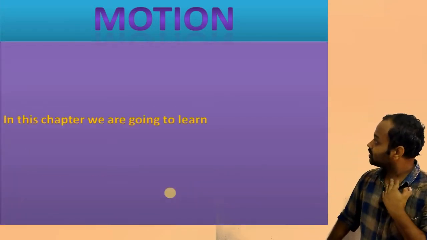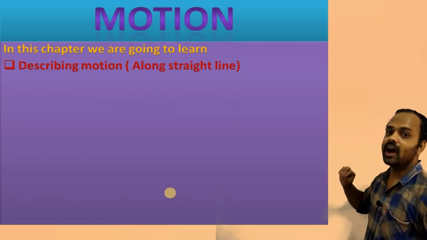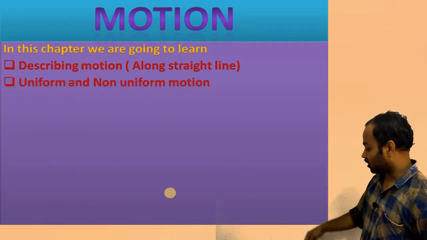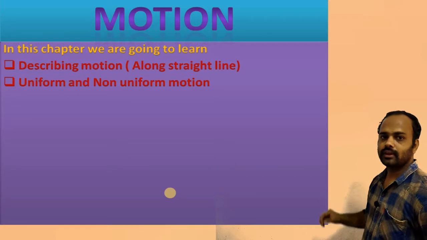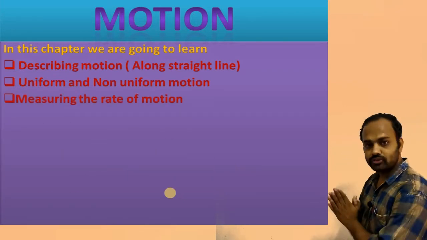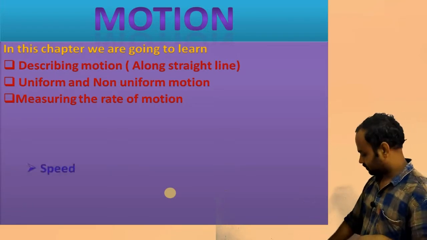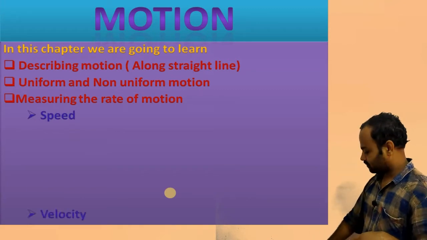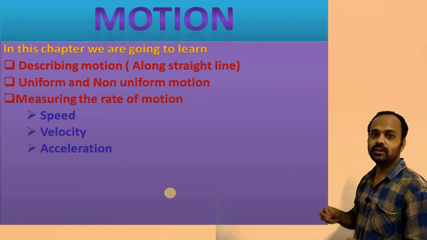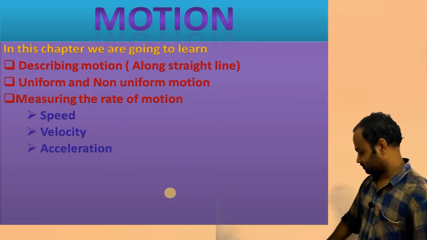In this chapter, the first topic is describing motion along a straight line, uniform and non-uniform motion, and measuring the rate of motion. In this we will discuss speed, velocity and acceleration.